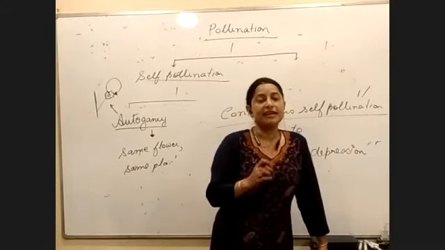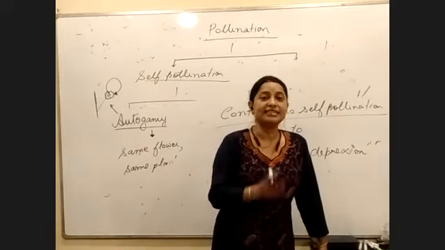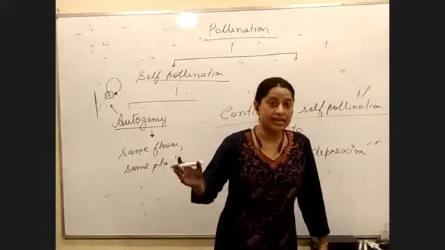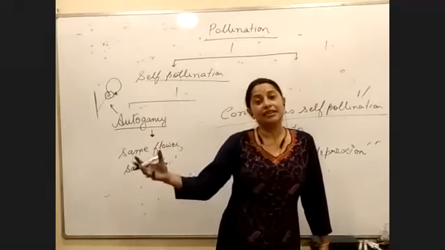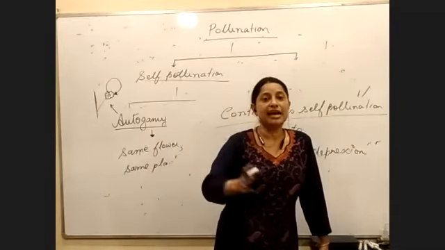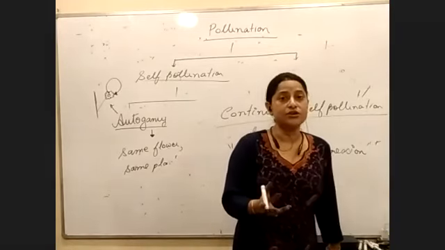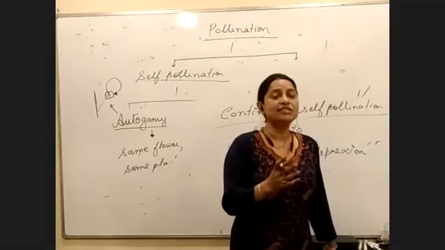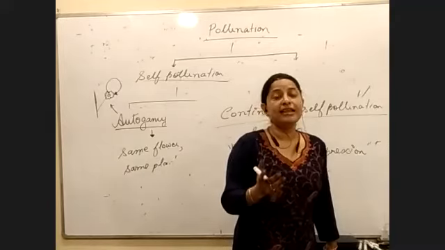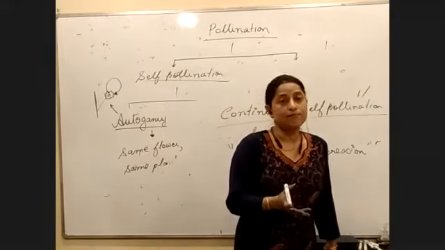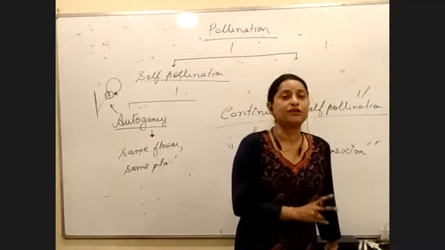So if a plant undergoes self-pollination continuously for many generations together, then the offsprings that are produced will be less fit as compared to the offspring that is produced by cross-pollination.